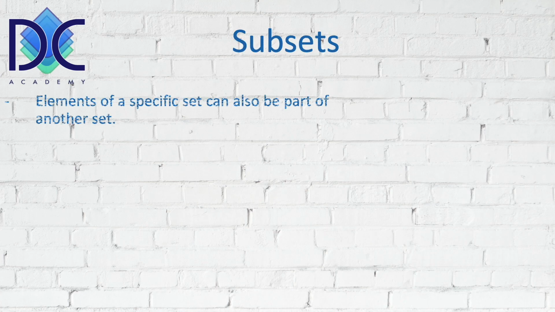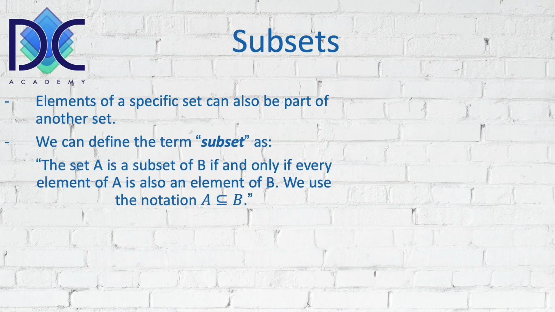Now we can continue and look at the definition of a subset. We had a set, but we can also consider a specific set that is a part of another set. And we call this a subset.